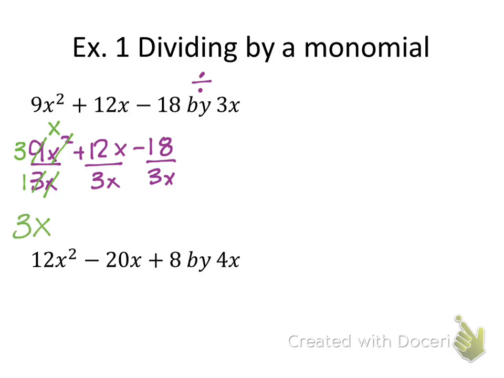So that's what I'm going to write. Now I put my plus sign here because my signs are not going to change. Now, let's simplify 12x over 3x. What number can go into both 12 and 3? 3. 3 goes into 3 one time. 3 goes into 12 how many times? 4. Now look at both of these terms.